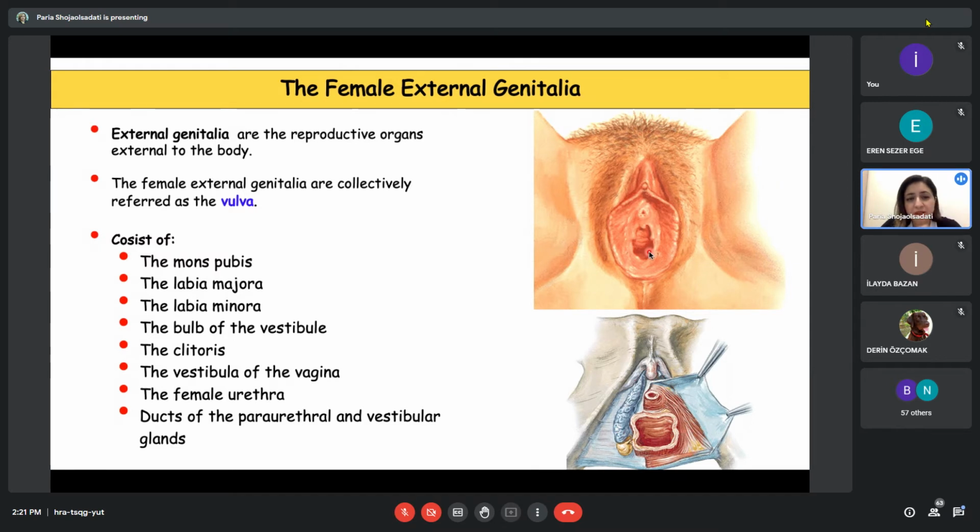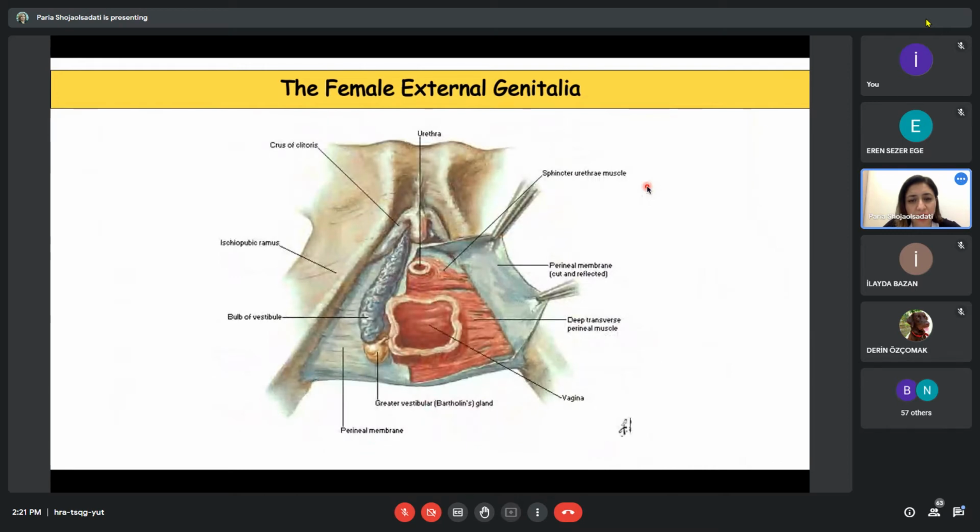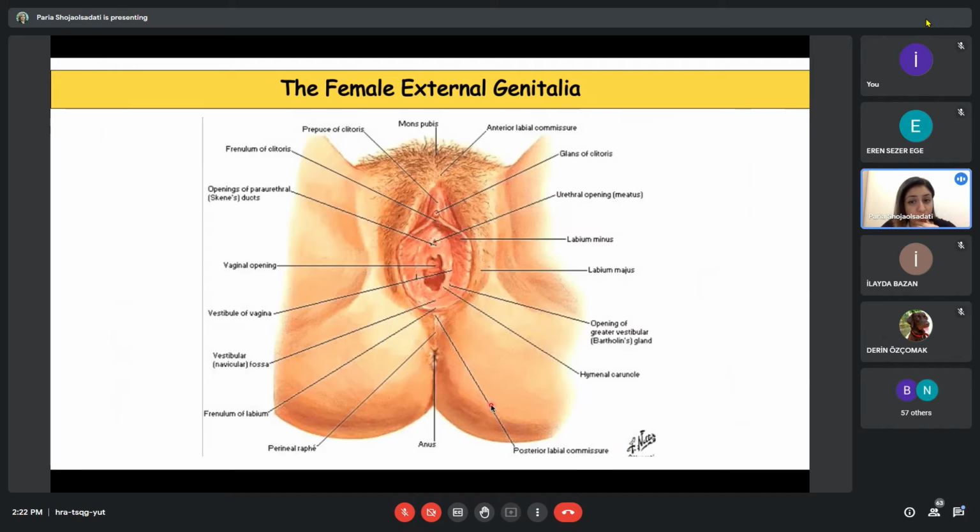The female external genitalia are collectively referred to as the vulva. This whole side is named the vulva. You can see the same structures: the deepest one, the bulb of the vestibule, and the greater vestibular gland are embedded inside the labia majora.